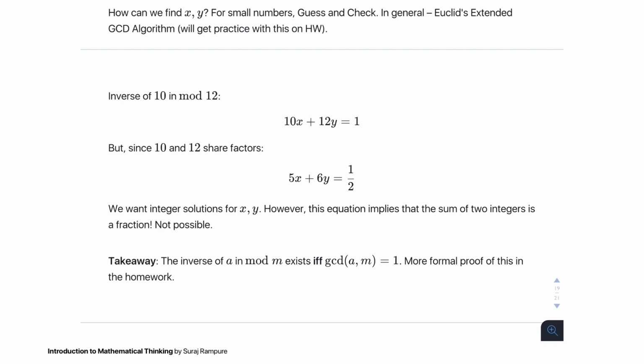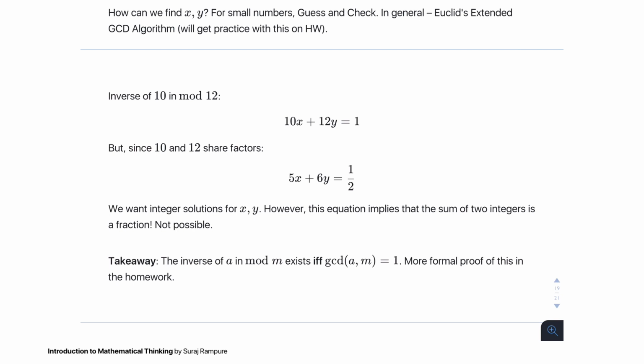So what I can do is divide both sides by 2, and I get 5x plus 6y is equal to 1/2. And why is that contradictory? Well, because we said that x and y have to be integers, so that means 5x will still be an integer, 6y will still be an integer, and when you add 2 integers, the result should also be an integer. But what this is saying is that the sum of 2 integers is a fraction. There's no 2 integers that you can add and get 1/2, right?